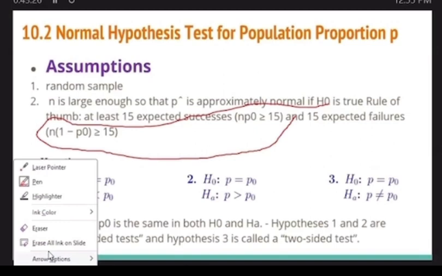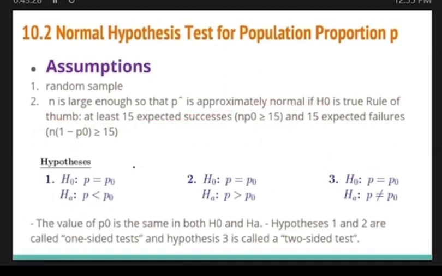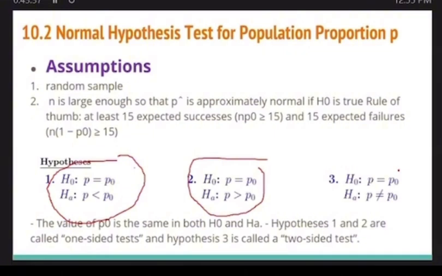Okay, now I just want to revise with you. When you are testing a hypothesis about a proportion, it could be that you are testing against less than, or against greater than, or against not equal. It could be any of those. You can see that in every one of these, the null hypothesis has an equality sign, while the alternative has a sign that is changing.